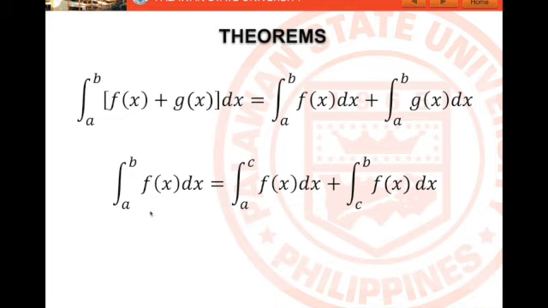And if you have three bounds in the function, a, b, and c, regardless of their succession, even if c is less than a is less than b, or whatever is the succession of these bounds, if you integrate from a to b, that would just be equal to the integration from a to c of f(x) dx plus the integration from c to b of f(x) dx.